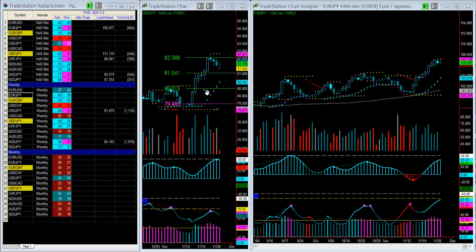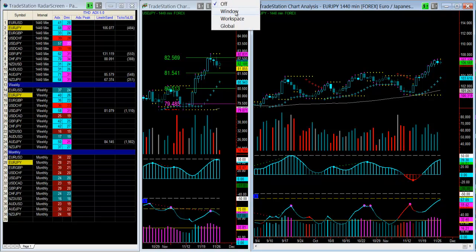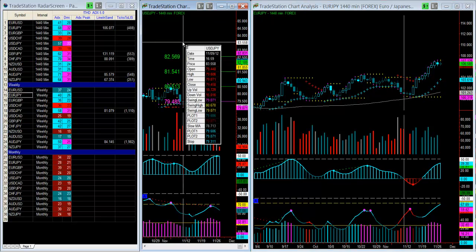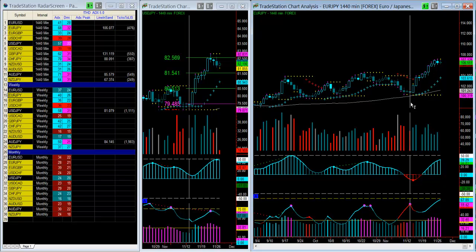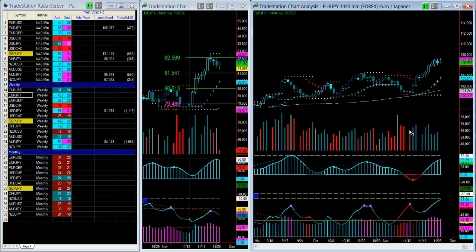So as you can see on this euro, which is on the right side of the screen, let me align this so you actually see. As you can see, when the USD/JPY was pulling back to the ATR, the euro yen was actually pulling back to the SMA. As it approached the SMA, you had volume divergence.